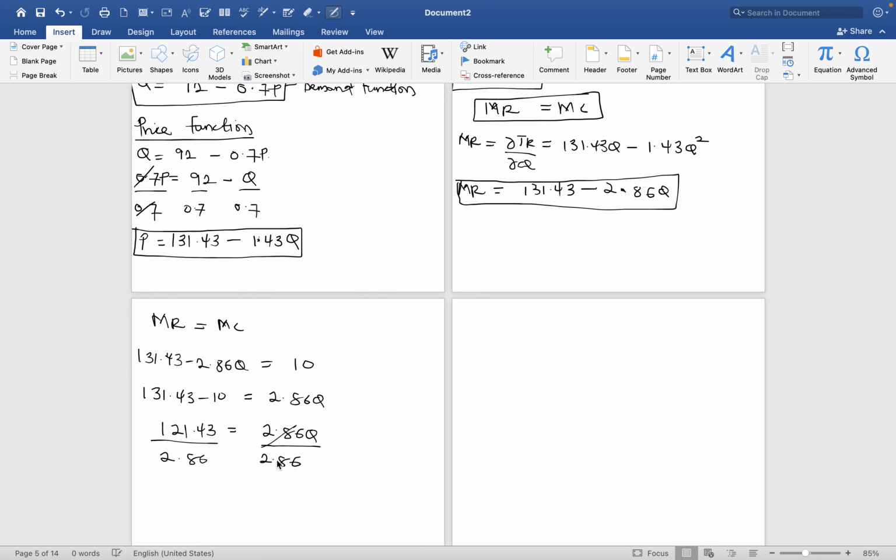So we divide both sides by 2.86. So Q is equal to 121.43 divided by 2.86.